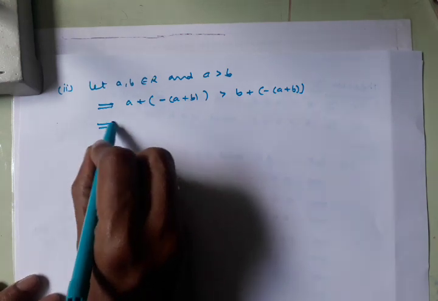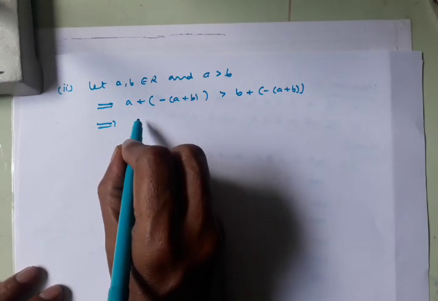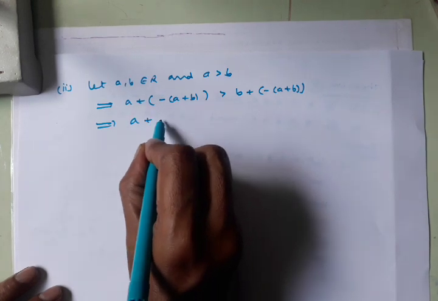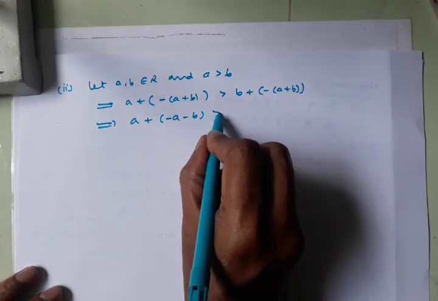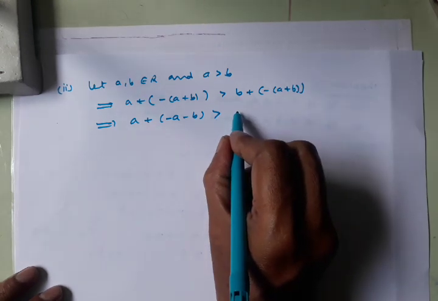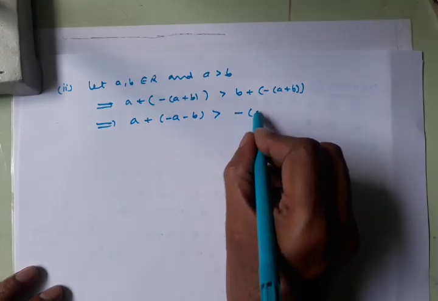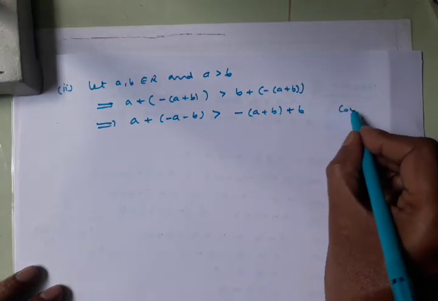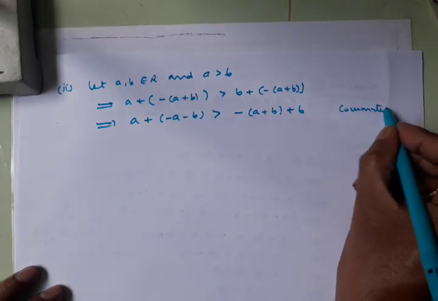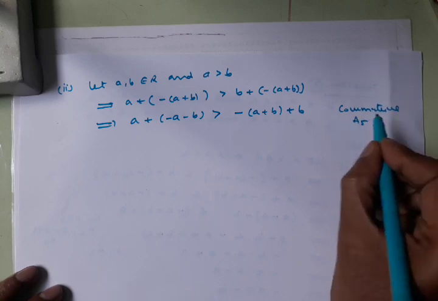This implies a plus of minus a minus b is greater than, by the commutative law on the right side, minus of a plus b plus c, commutative in the right side, A5.